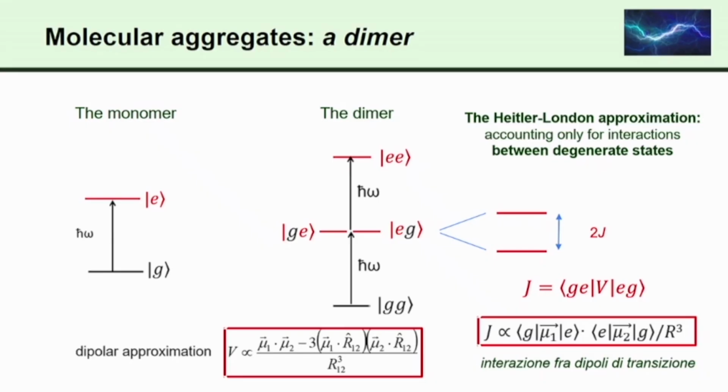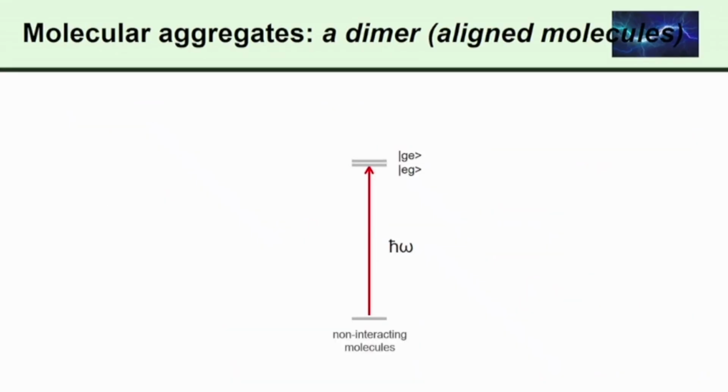Now, we can elaborate a little further. Again, we just consider the non-interacting molecules, the two degenerate states, and now they split. And of course, if you have two equivalent states, they split as the in-phase and out-of-phase combination of the original state. If this is the orientation of the dipoles, the energy of the in-phase combination is lower than the energy of the out-of-phase combination.